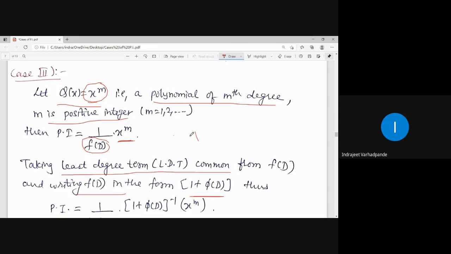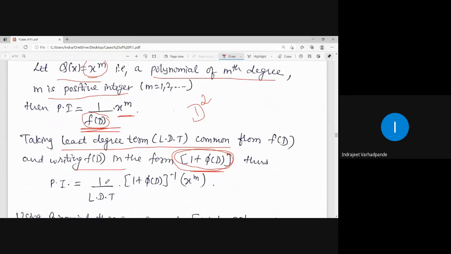In case number 2, the requirement was to write it into the form D square. Here the requirement is, by taking out the least degree term common, this polynomial f of D has to be converted to 1 plus some function of D, and thus PI will be equal to 1 upon the lowest degree term outside, 1 plus phi of D to the power minus 1, operated on x to the power m.